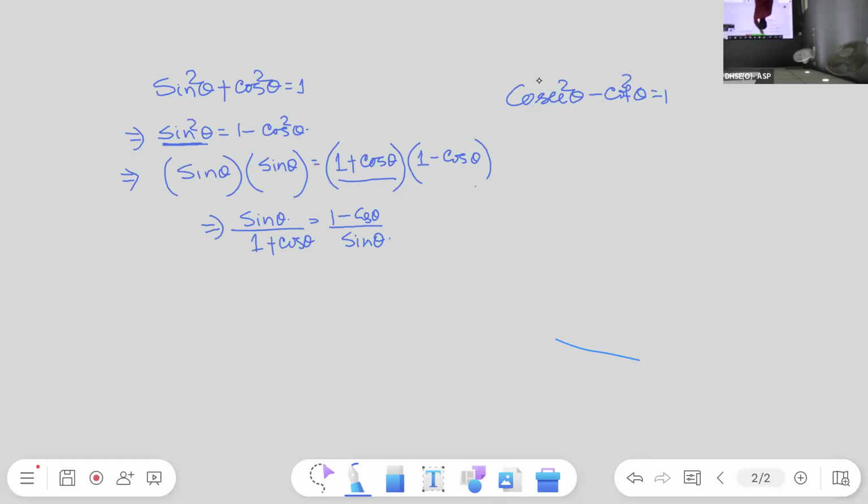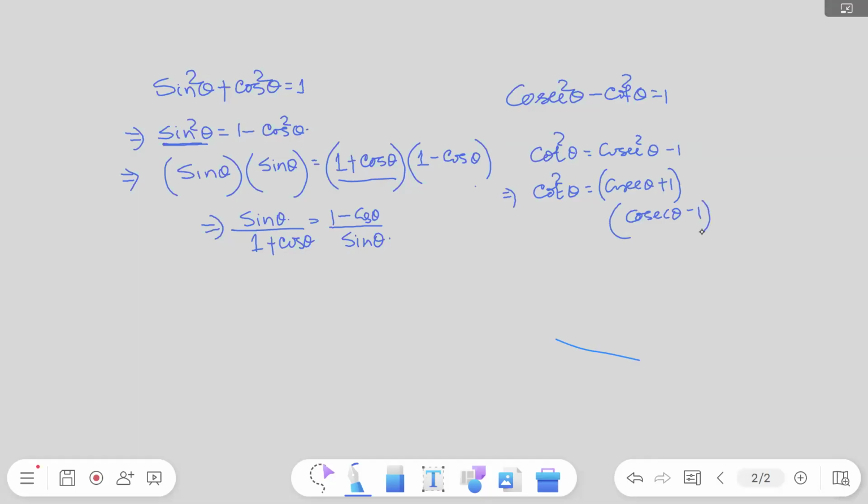Cosec square theta minus cot square theta is equal to 1. So cot square theta is equal to cosec square theta minus 1. This implies cot square theta equals cosec theta plus 1 into cosec theta minus 1. Cot square theta we can write as cot theta into cot theta.